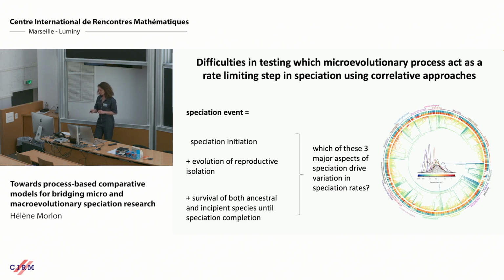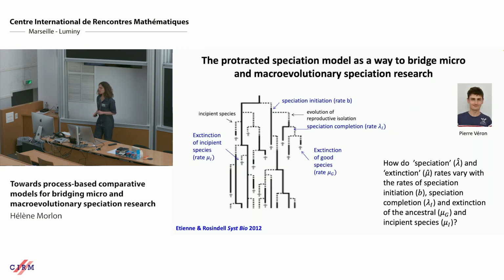extinct. Okay, so one approach that has been developed to account better for these three stages of speciation in comparative methods is a model that is called the protracted speciation model, where instead of having just a speciation and an extinction rate as before, in a simple birth-death model, there's a speciation initiation rate, but at this stage we don't yet have two good species.